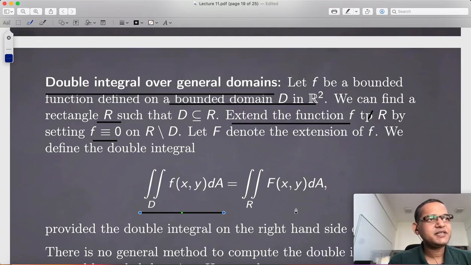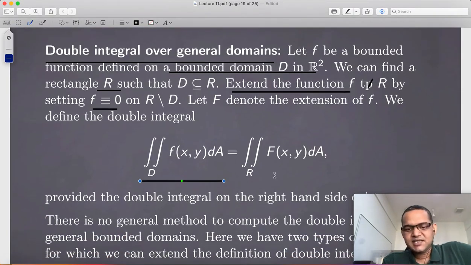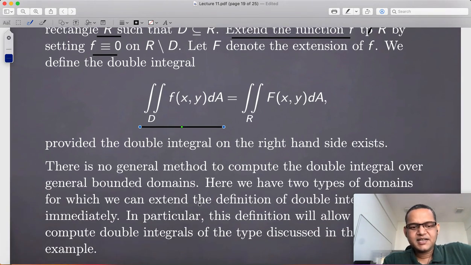So this is a very natural way, but every time we have to make sure, because now we have this function capital F here, which has been set to 0 on the complement of D inside this big rectangle. So one has to first make sure that this integral makes sense. This new function is Riemann integrable and so on. If you can do that, then well and good, but we do not have any clear idea that gives us a guarantee that this can always be done, okay.